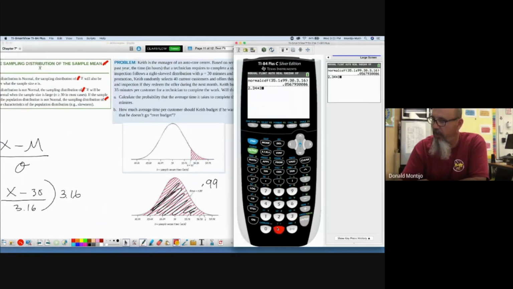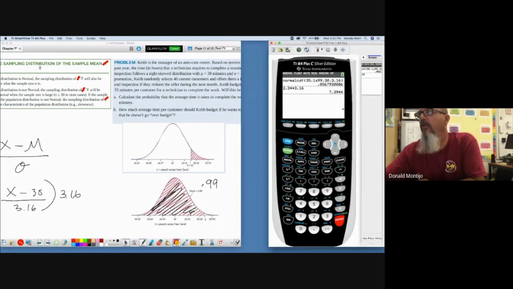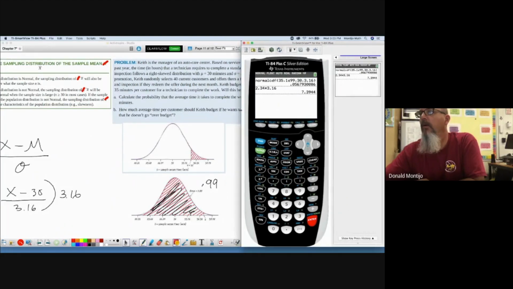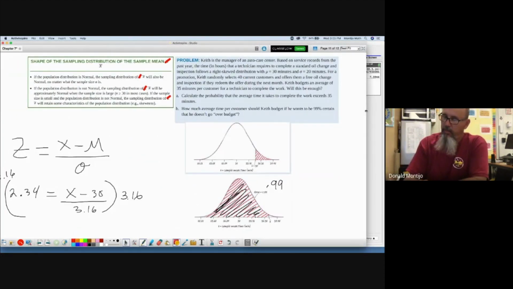Okay, 7.39, we'll call it 7.4. So 7.4 equals x minus 30, because these two canceled out. Now add 30 to both sides, and I find that Keith should budget 37.4 minutes by working backwards using table A.